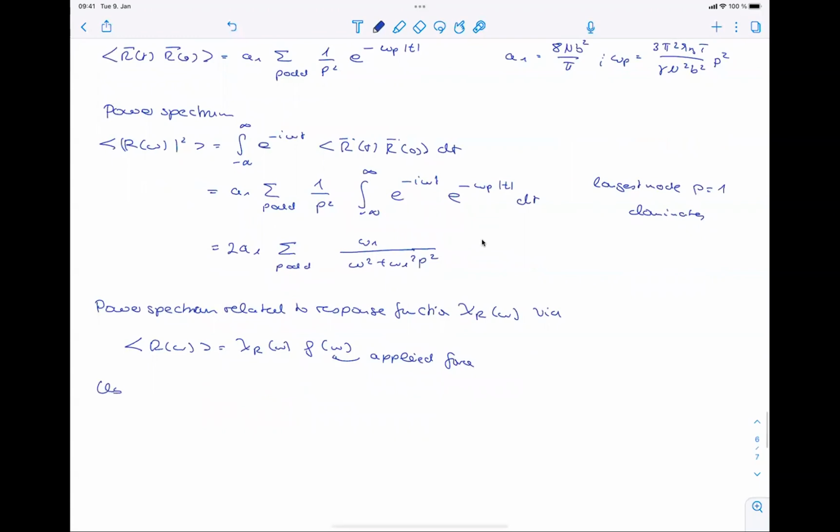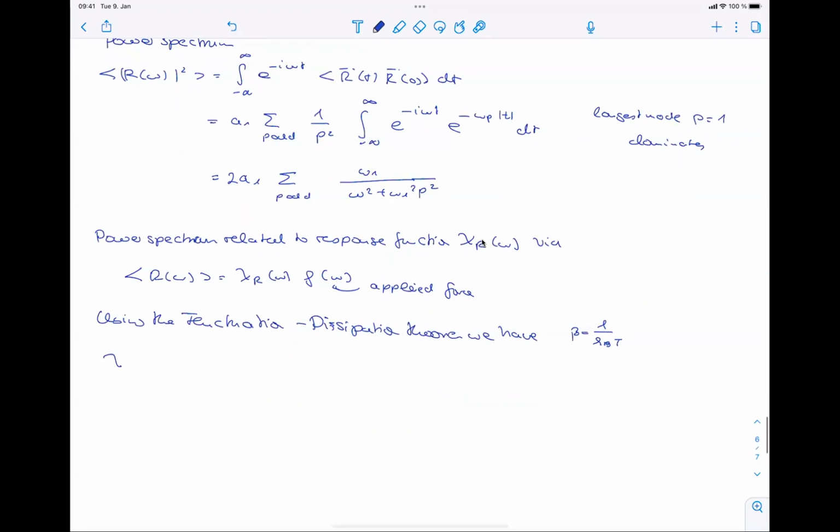And now using the fluctuation dissipation theorem, we abbreviate beta as 1 over kB T. We know that the second order derivative with respect to omega is given by omega beta over 2, which is exactly what we determined up here.